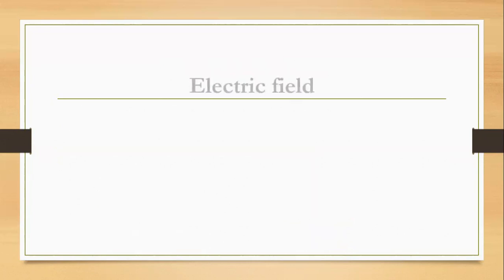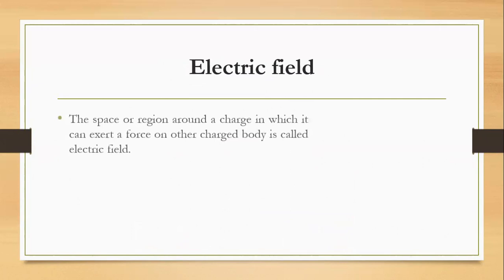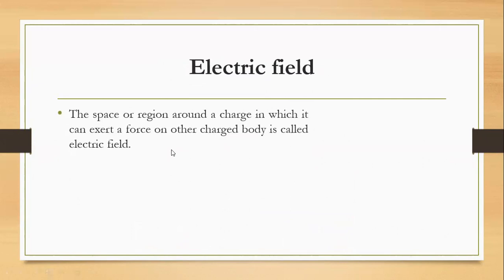Now, next is the electric field. What is the electric field? The space or region around a charge in which it can exert force on other charged bodies is called the electric field. Dear student, one thing you must keep in mind. Whenever a charge is placed on any object or anywhere, it always creates a region around it.